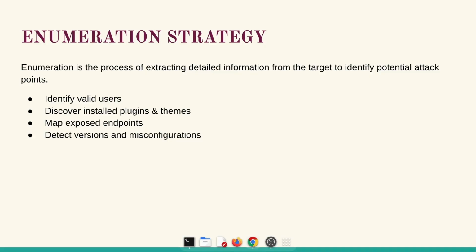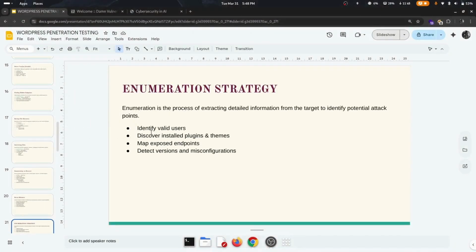Identifying a valid username is half of authentication. It enables brute force or credential stuffing, where the author ID is enumerated. Like REST API leak, we have to see how the author ID leaks.